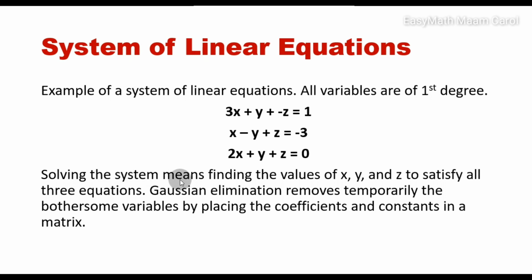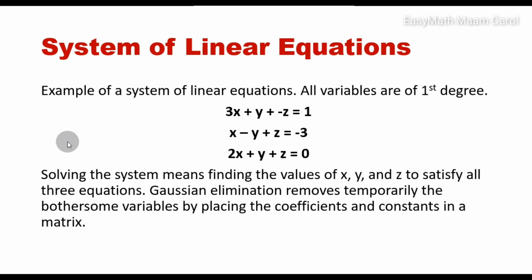So solving the system means finding the values of x, y, and z to satisfy all three equations. Gaussian elimination removes temporarily the bothersome variables by placing the coefficients and constants in a matrix. So, ang gagawin natin, hahanapin natin yung tamang values for x, y, and z na makakasatisfy dun sa tatlong equation na to.